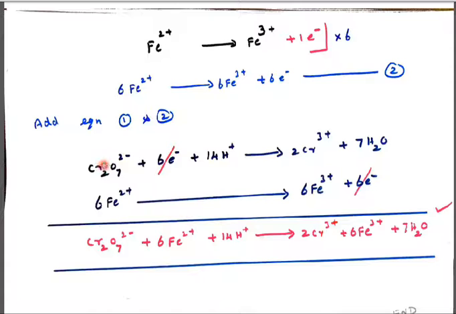Write one by one, not in a straight line: Cr2O7 2 minus, then 6Fe2 plus, then 14H plus, arrow, 2Cr3 plus, then 6Fe3 plus, plus 7H2O. It is completely balanced. Thanks for watching, students.